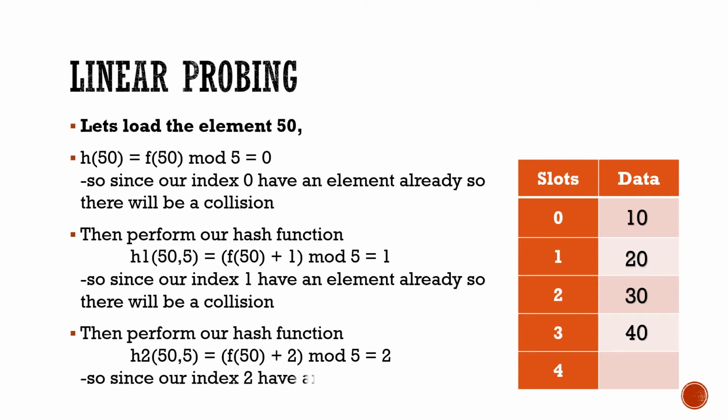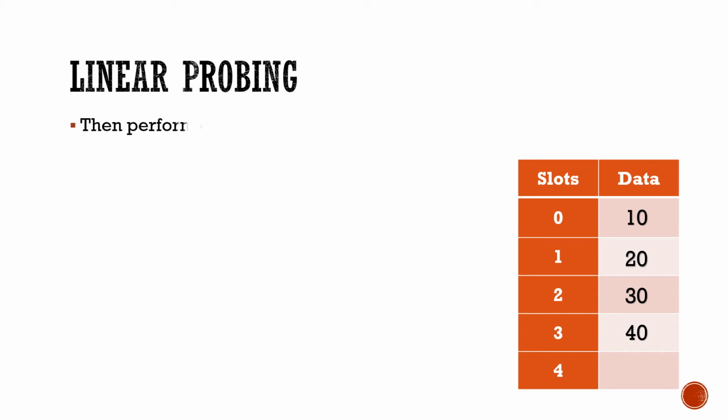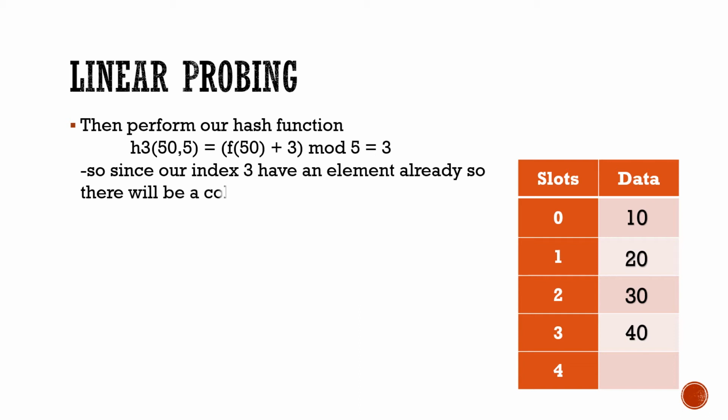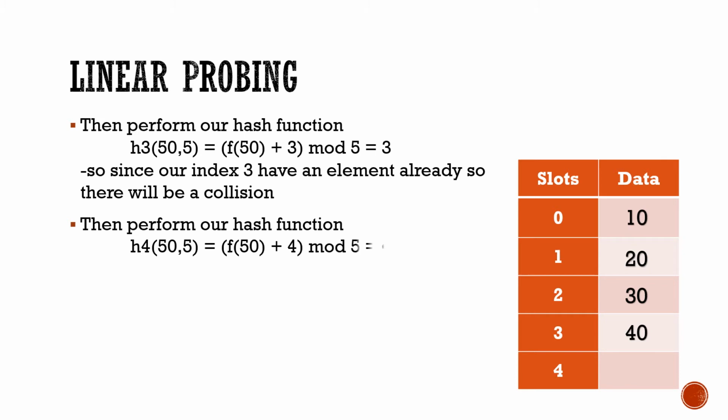Since index 2 has an element already, there will be a collision. h3 equals (f(50) + 3) modulo 5 equals 3. Since index 3 has an element already, there will be a collision. h4 equals (f(50) + 4) modulo 5 equals 4. Then the element 50 will be loaded to index 4.